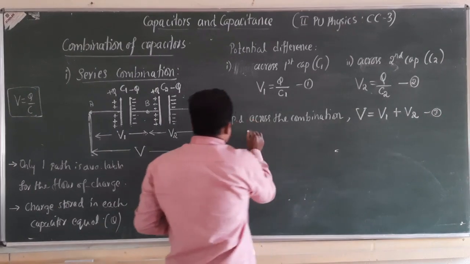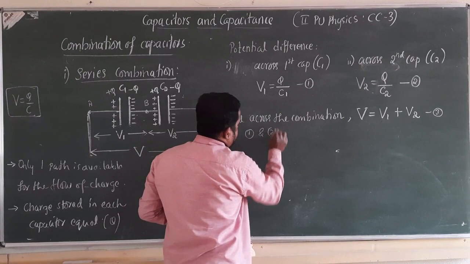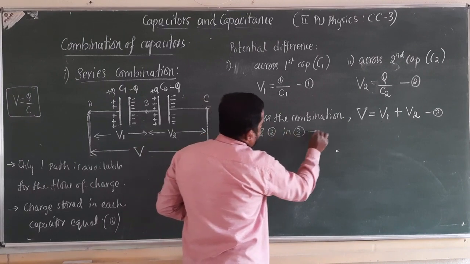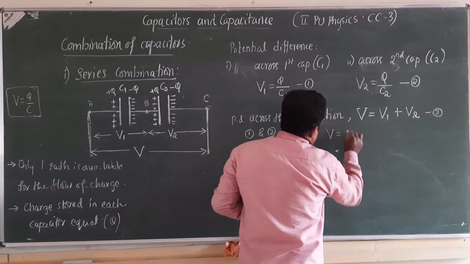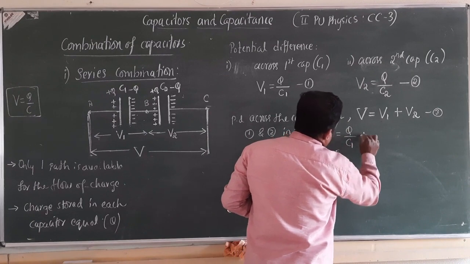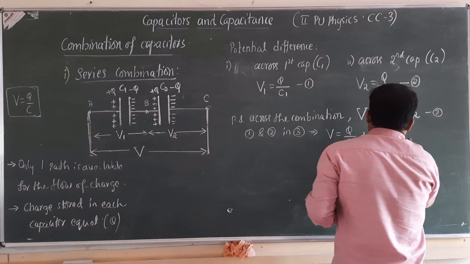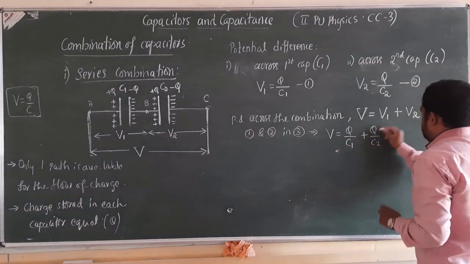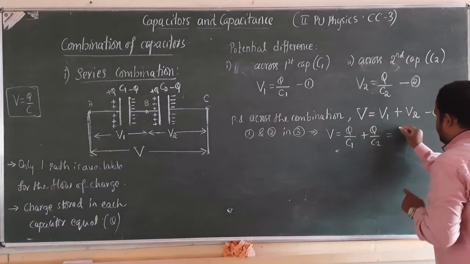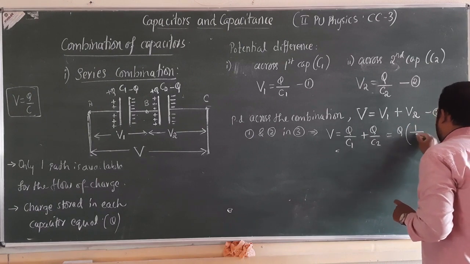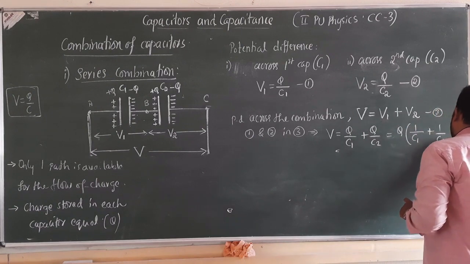On substituting equation 1 and equation 2 in equation 3, we get V is equal to Q divided by C1 plus Q divided by C2. Q is the same, so take it outside: Q into 1 over C1 plus 1 over C2.